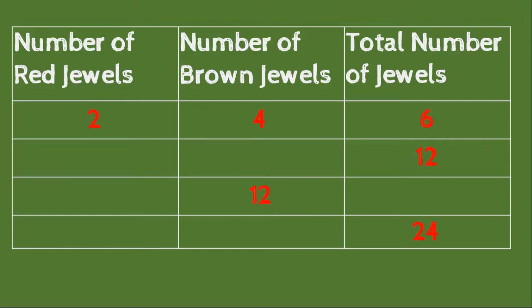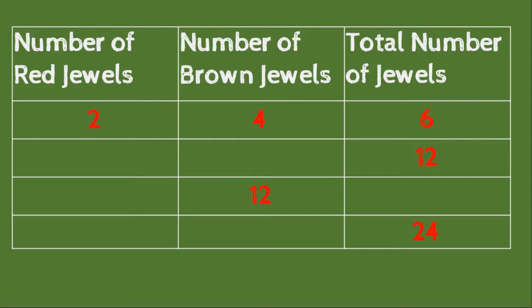So, in this example, all we have to do is see the example in the first row, which again, the total number of jewels is 6, and we need to figure out what the number of red jewels to the number of brown jewels would be if we didn't have a total of 6 jewels, but 12. So we just look at the number 6 and the number 12 for now.